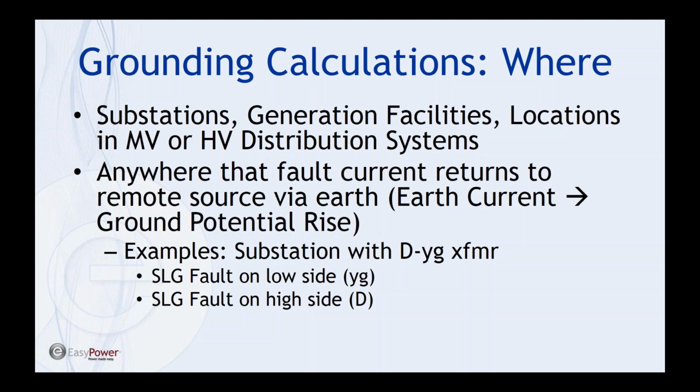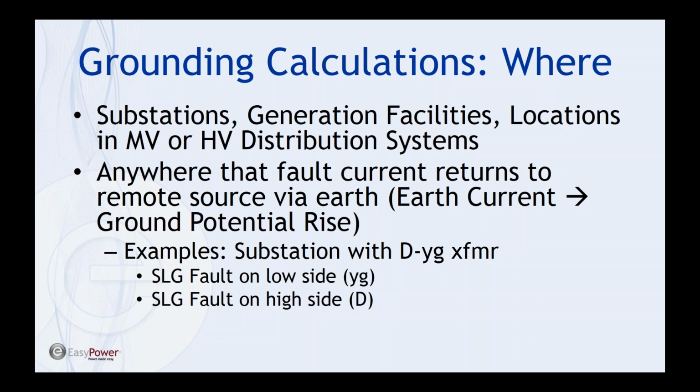If you have a single line to ground fault on the low side of a substation, with a delta to low side Y grounded transformer, that fault is going to exist mostly on the phase conductors and then to the ground and the grid conductors. If it's within that same substation, the return is going to be local to your grid.